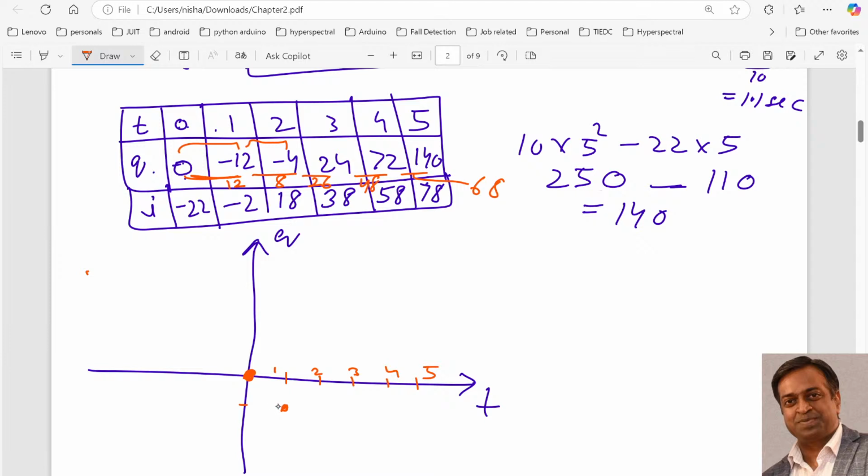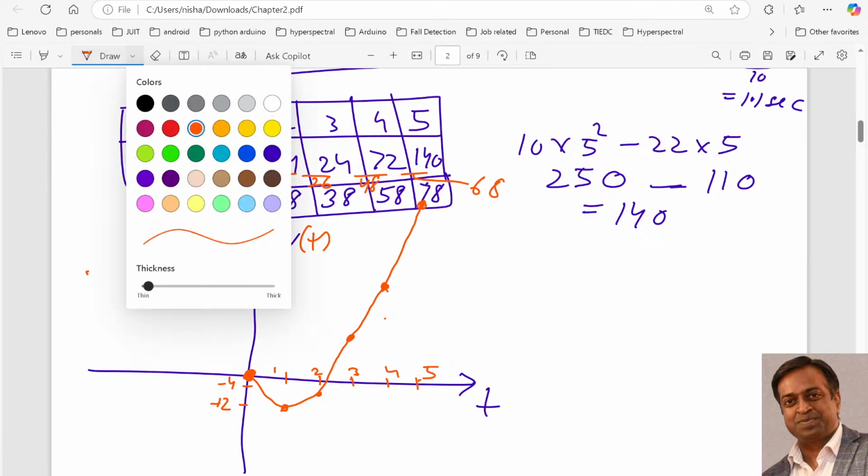Then at 2 it is -4, then t equals 3 it is 24, so it will be somewhat over here, right? T equals 4 it will be somewhat over here, right? And t equals 5 it is 140, so it will be somewhere over here. So we are getting a graph somewhat like this. So this is the graph of q(t).